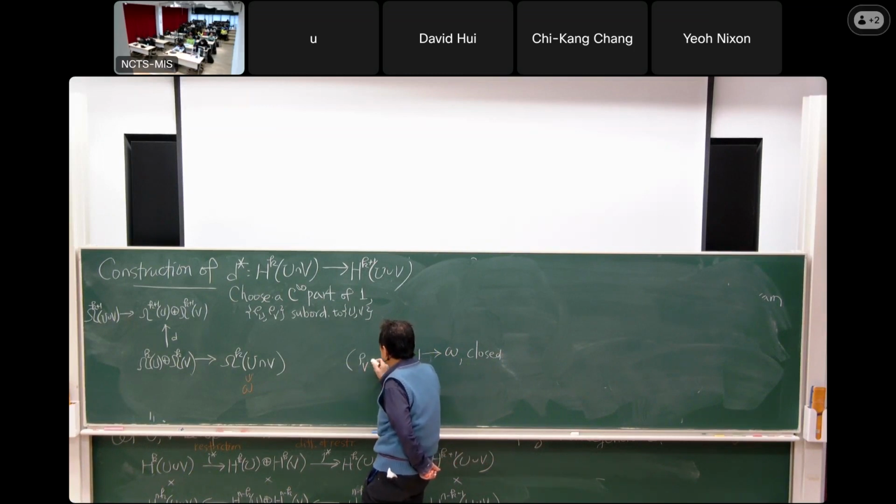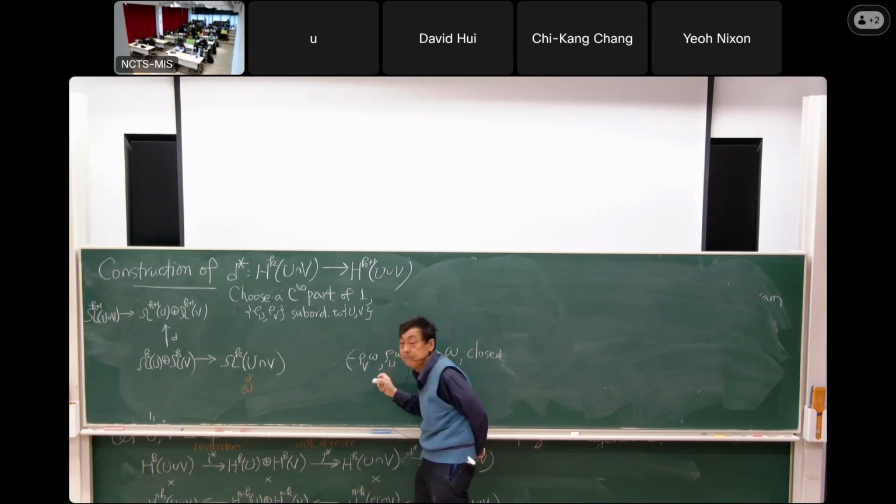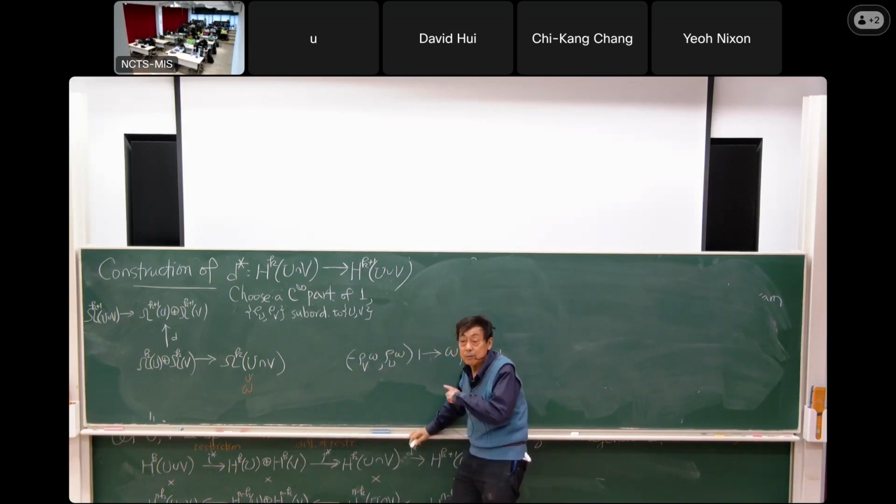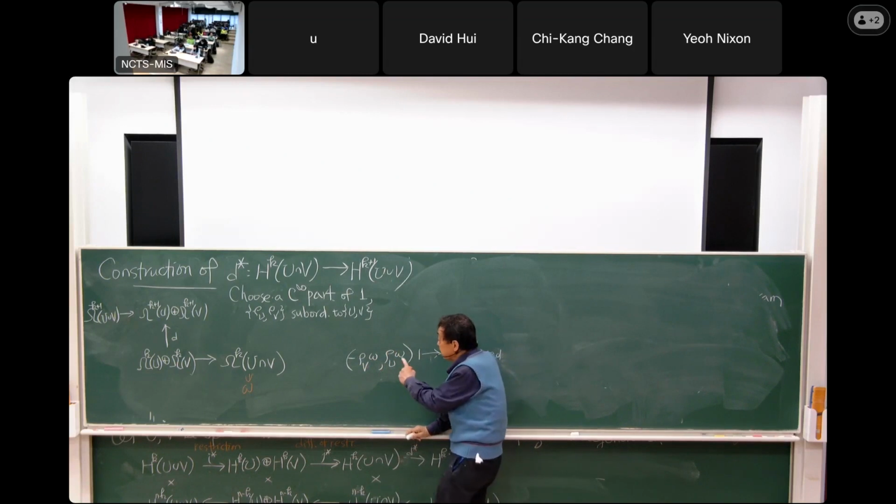So it's rho V omega, okay, with a minus sign, and then rho U omega, okay? This is what we showed before. Because if you take the difference, then you have rho U plus rho V, and you'll get omega, okay?